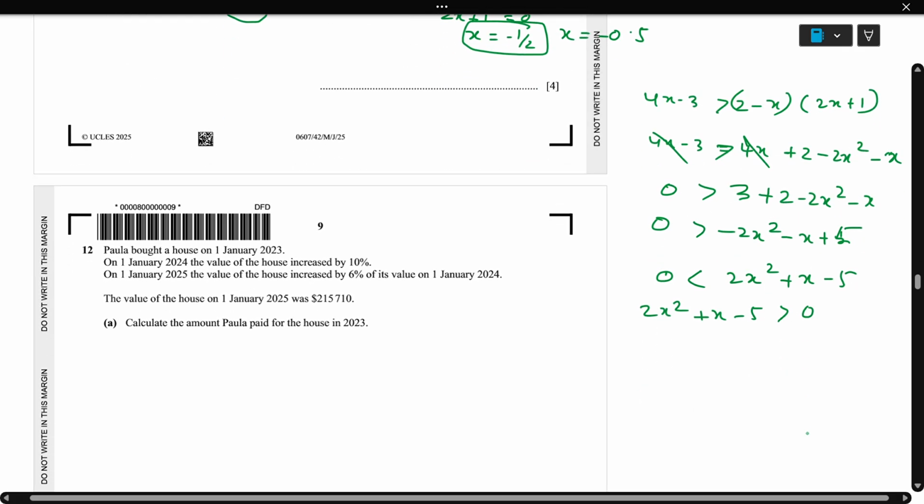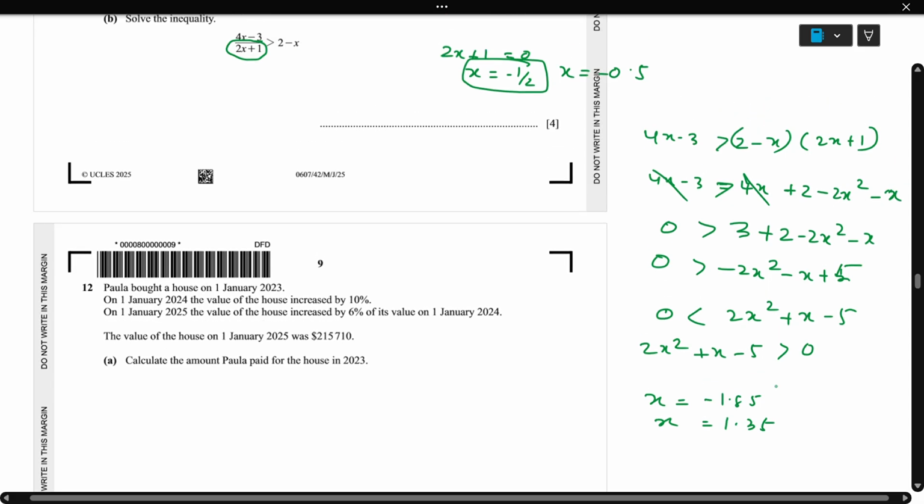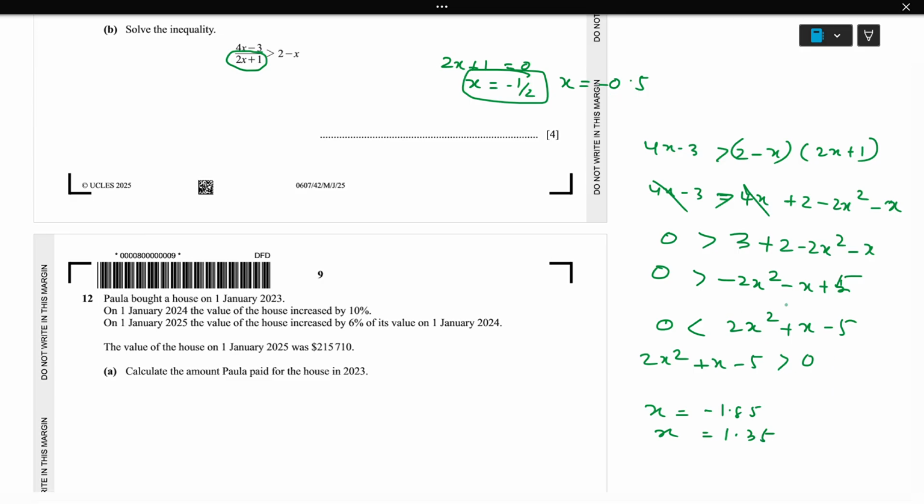Use the calculator, get the solution. x equals -1.85 and x equals 1.35. But here the -0.5 point is coming inside, so the graph is going to break. The answer is -1.85 less than x less than negative 0.5.